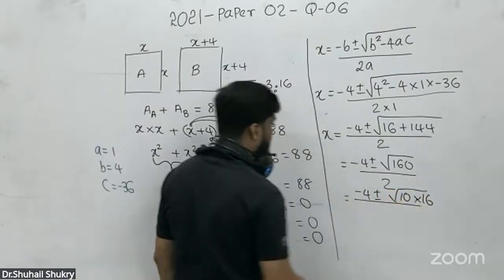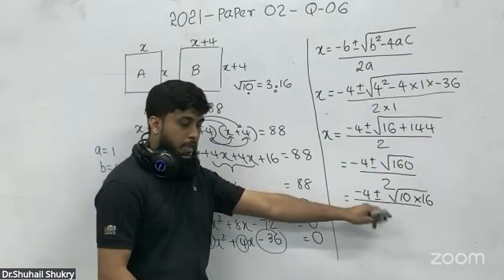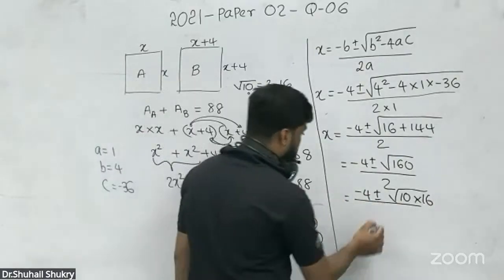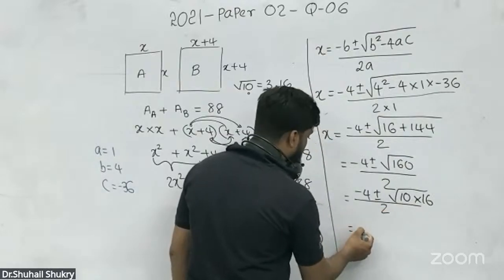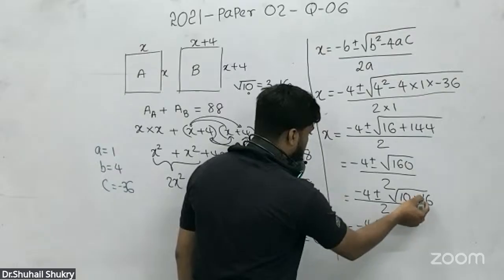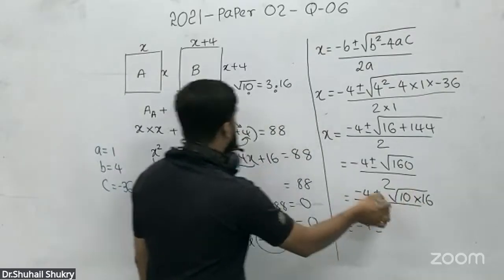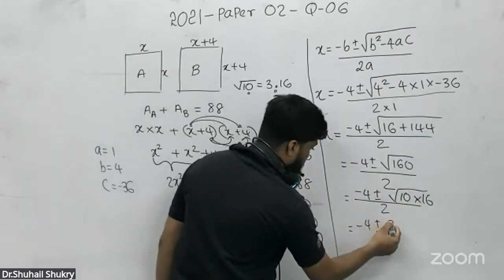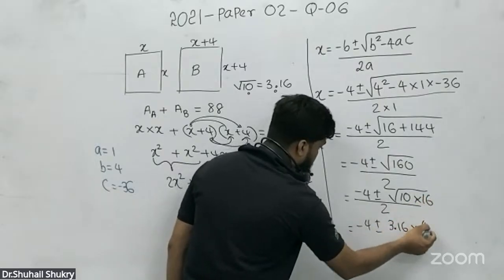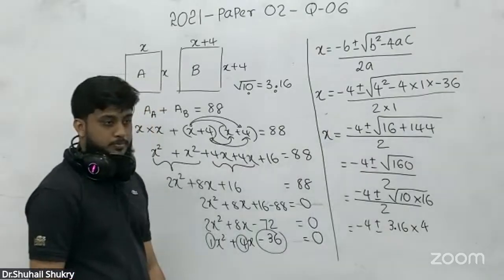Square root 10 has a value 3.16, and square root 16 is 4.